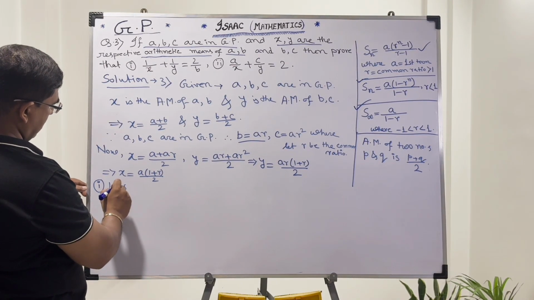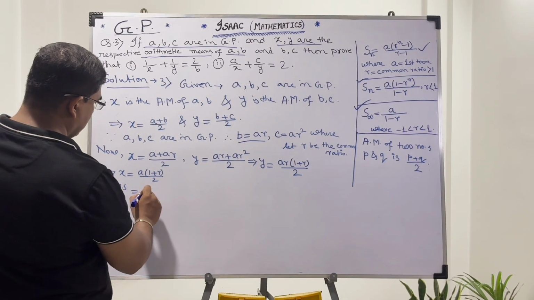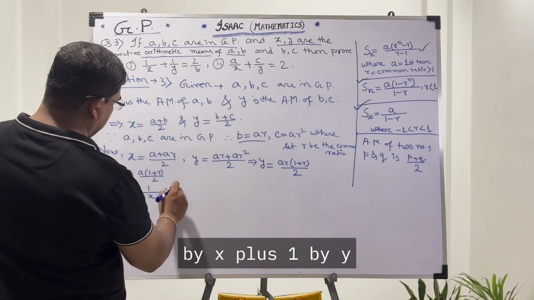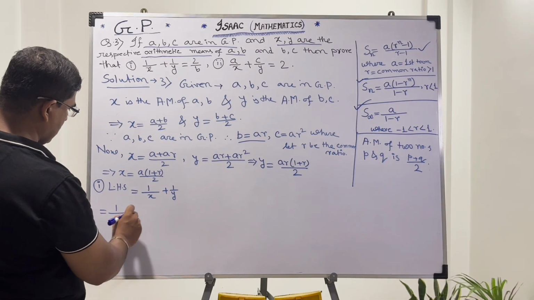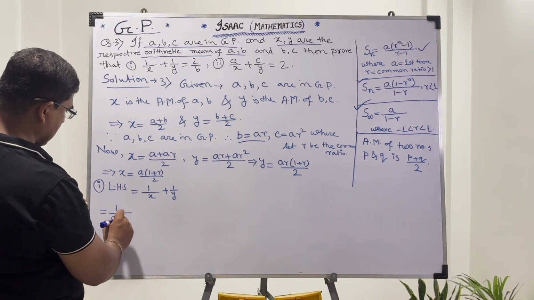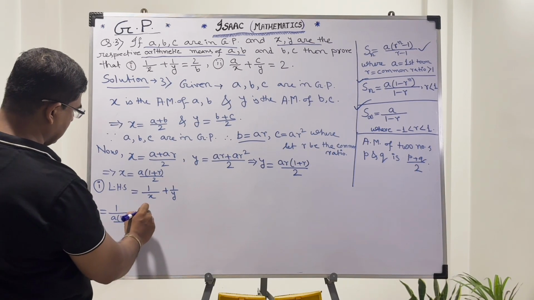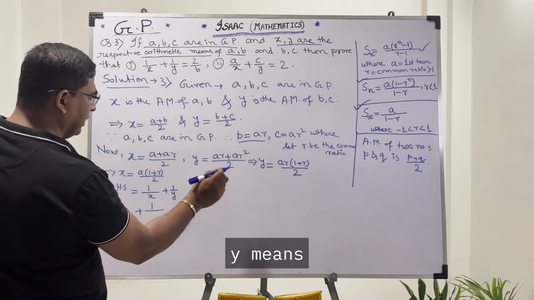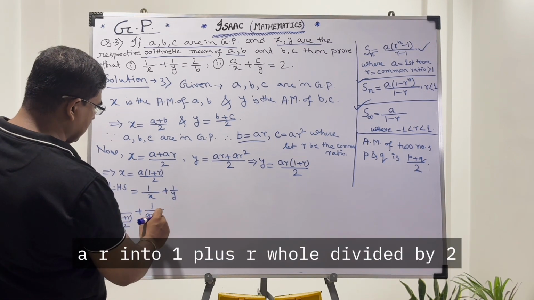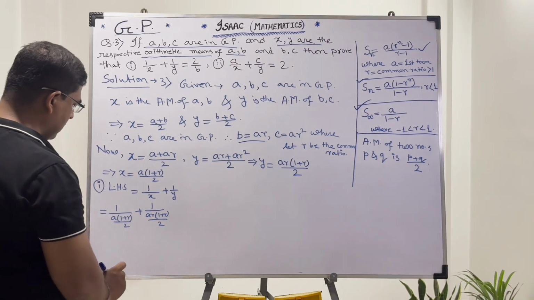Now, for the first proof, LHS equals 1 by X plus 1 by Y, which equals 1 by A into 1 plus R whole divided by 2, plus 1 by Y, where Y means AR into 1 plus R whole divided by 2.